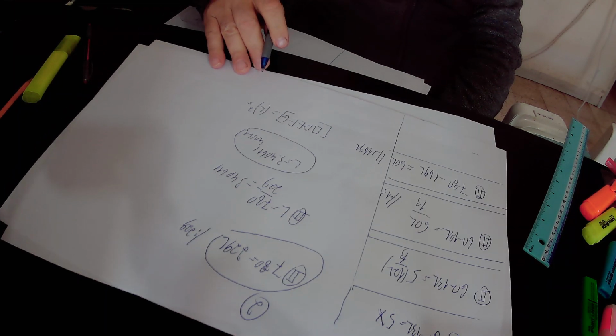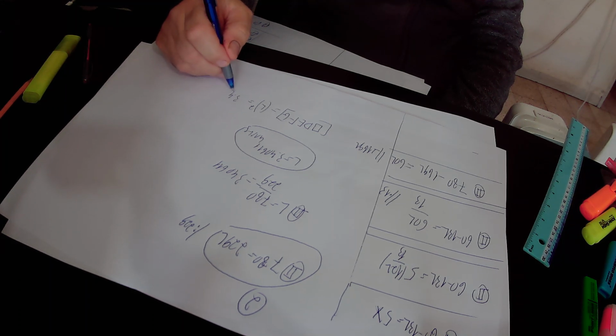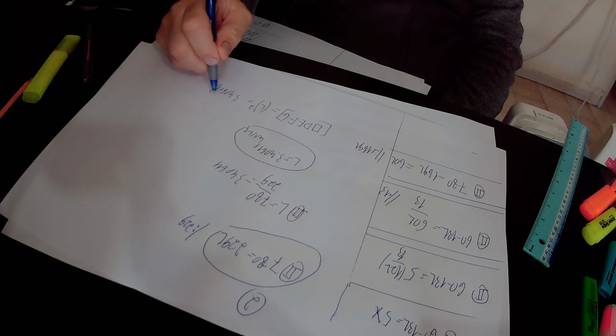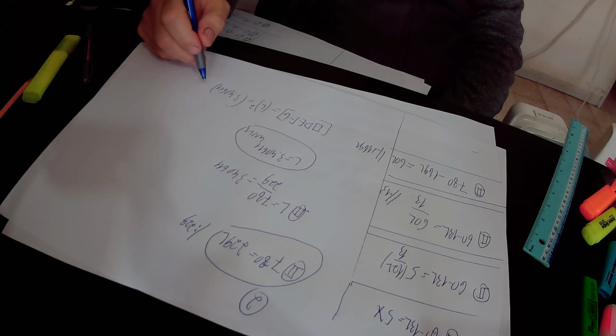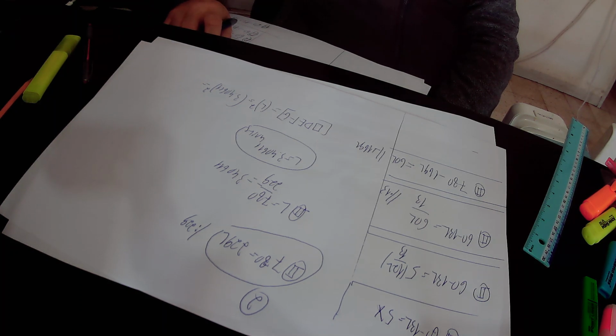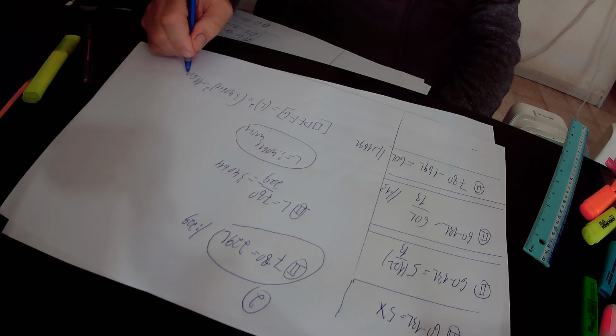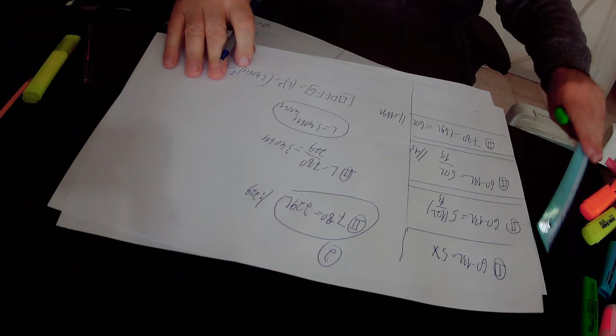L equals 3.40611, therefore L squared equals 3.40611 squared, which is equal to 11.6016 square units.